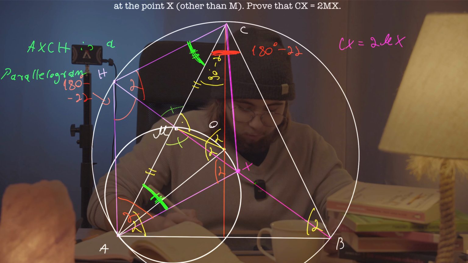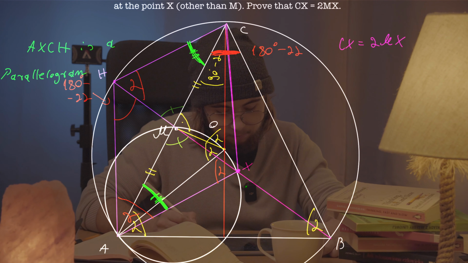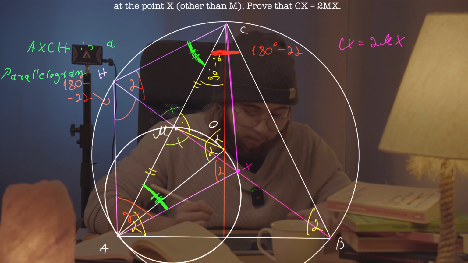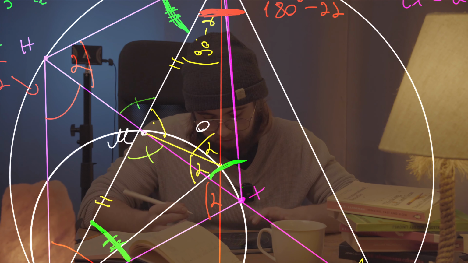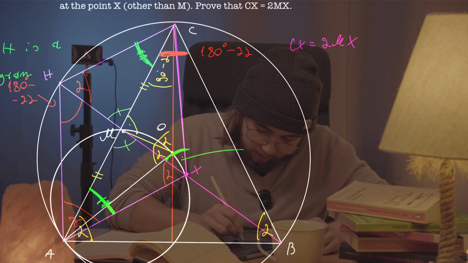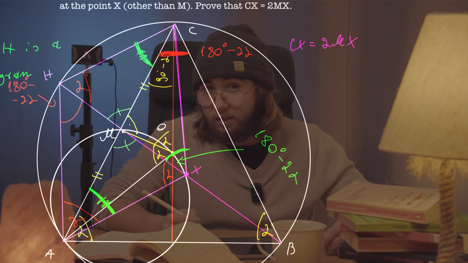And now, what do we get out of it? We know that those two angles, this guy and this guy, will have to be equal because this is a parallelogram. And so this light pink angle there, I'm literally running out of space here, is going to be 180 degrees minus double the alpha. I know that my 2 looks like my alpha, but let's just pretend we don't care about it.